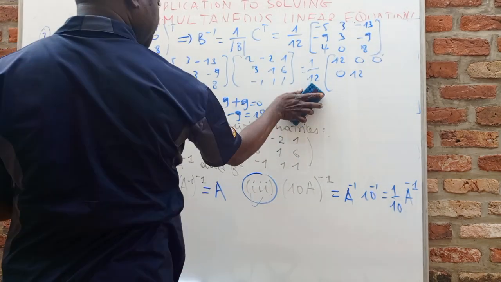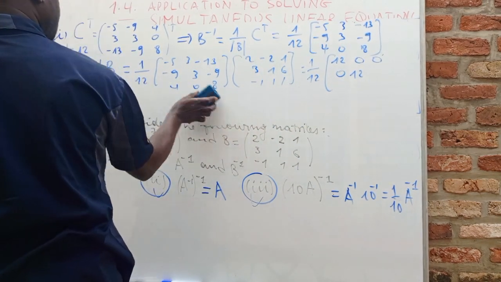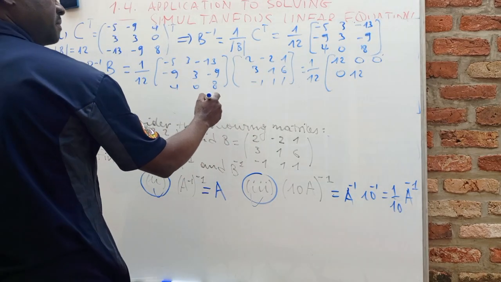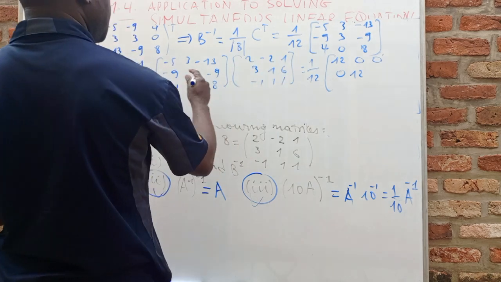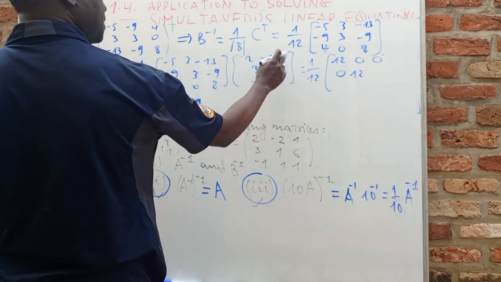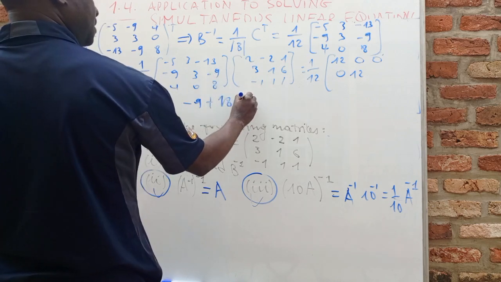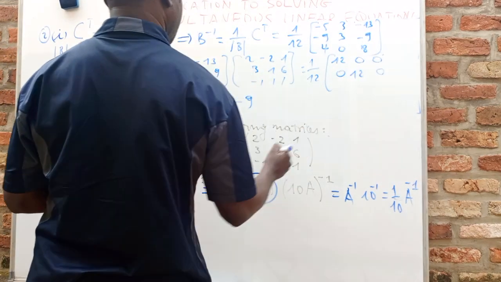Now next, let me look once again at this row times this column: negative 9, positive 18, negative 9. This is 0, obviously.